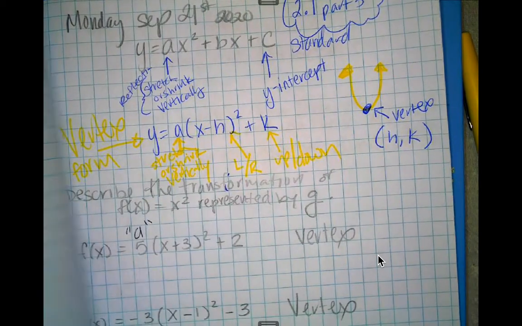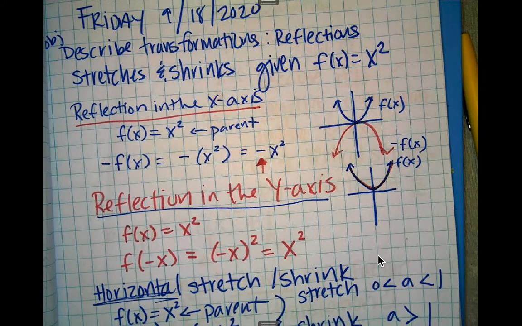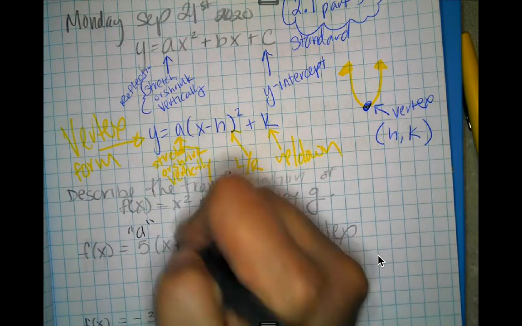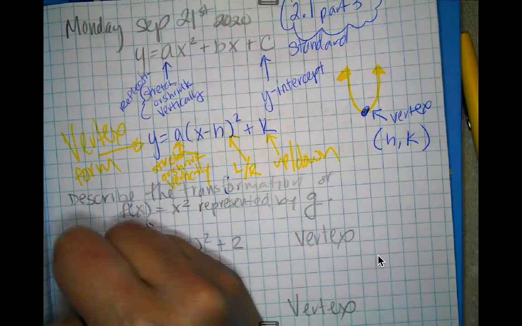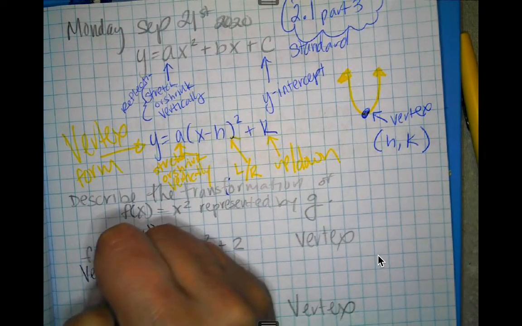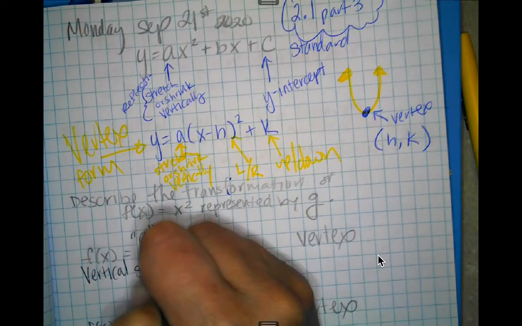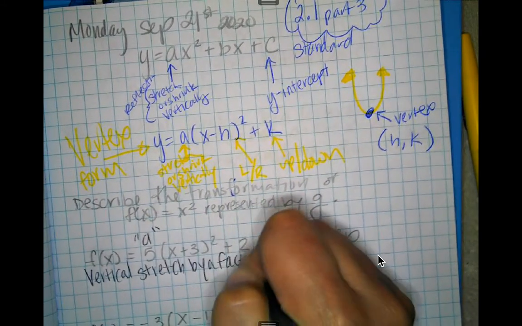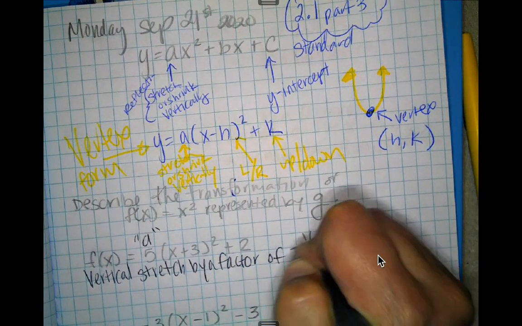That's a 5, and it says if it's greater than 1, we call it a stretch. So you'd say vertical stretch by a factor of 5.